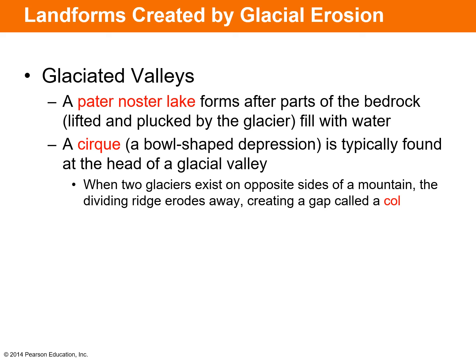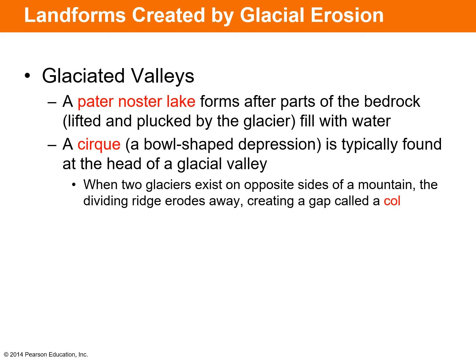And when two glaciers exist on opposite sides of a mountain, and both of them have cirques at the head of the glacial valley, then the dividing ridge between those two cirques is eroded away, creating a gap called a col.